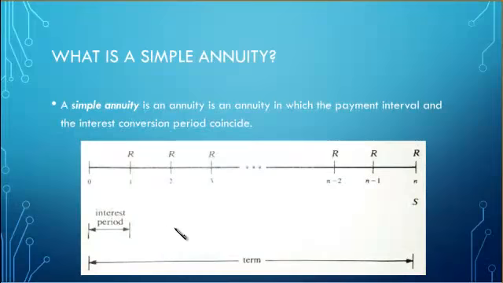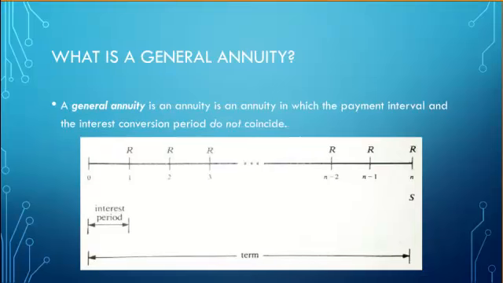So far we haven't been talking about the interest or the interest period. But note, we have payment intervals and we do have interest periods. For now we look at the simple case in which the interest period coincides with the payment interval. When that happens, the annuity is said to be a simple annuity, as opposed to a general annuity, in which case the interest period does not coincide with the payment interval.